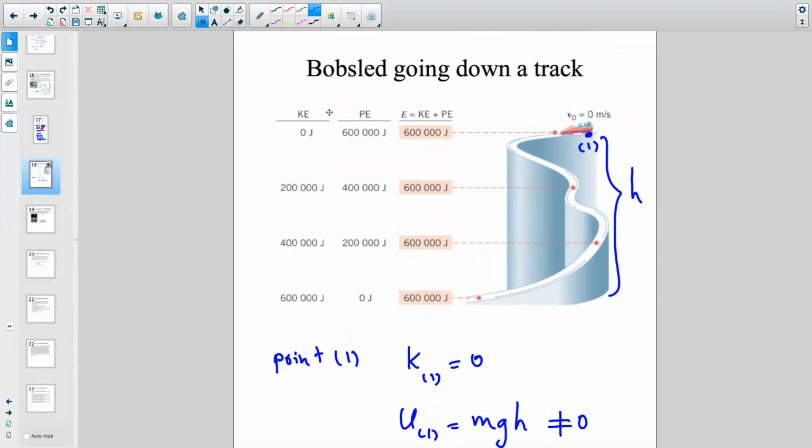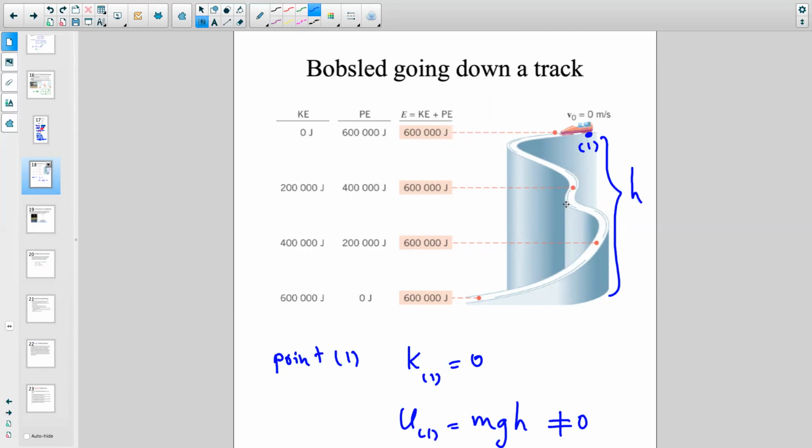So that means if I add these two, I will get the mechanical energy being 600,000 joules, okay? If there is no air resistance and there is no friction involved, then this value would be the same for each point along this path, because we do not have any non-conservative forces to reduce this amount of mechanical energy for us.